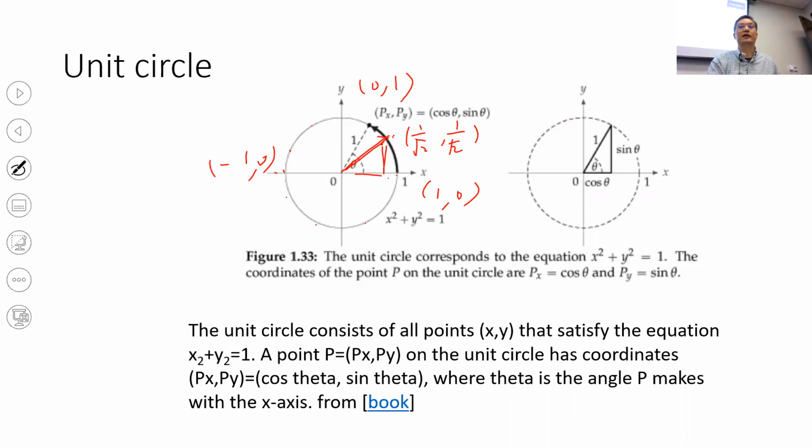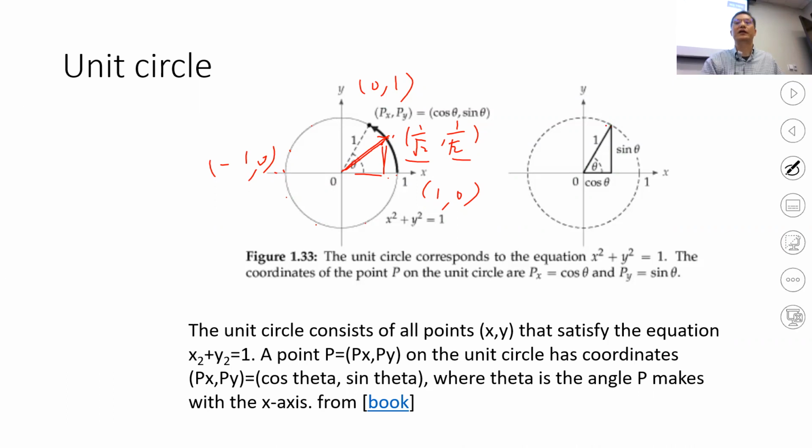Then if you square this, square that, take a sum, it equals 1, and the square root, the norm of this, equals 1. So you can find the position, and also you can define this position by using the sine and cosine values, if you are given the angle theta.